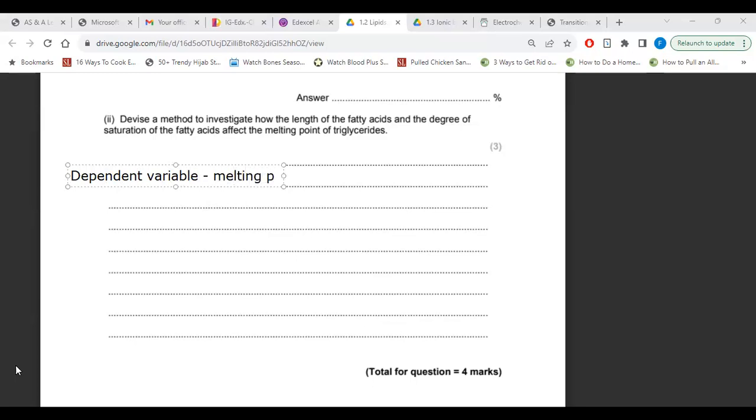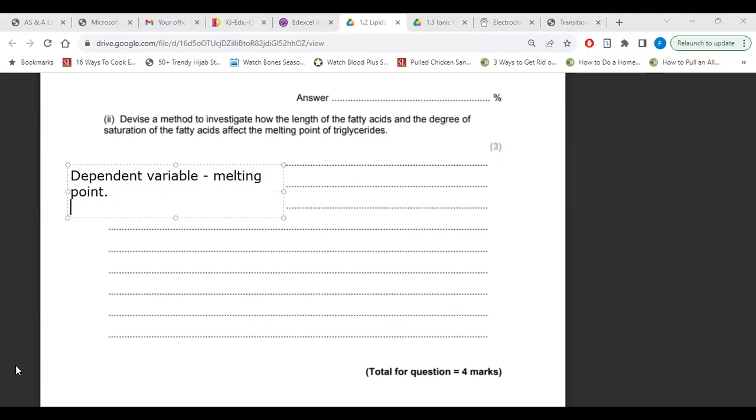And my basic method is I will take my fats and start providing them heat with whatsoever method. You could use a water bath, you could put them directly on a Bunsen burner, whatever you prefer, and then you can note down the temperature at which the melting starts to occur. That's your melting point, right?